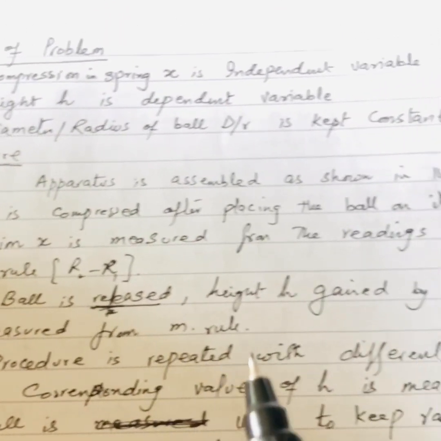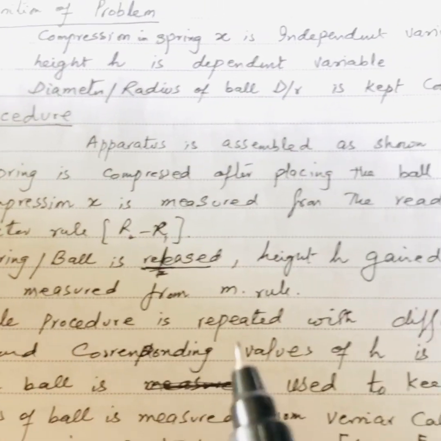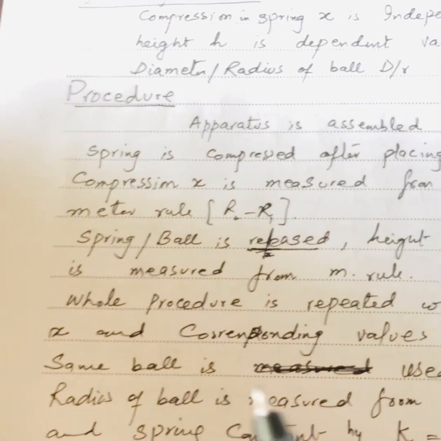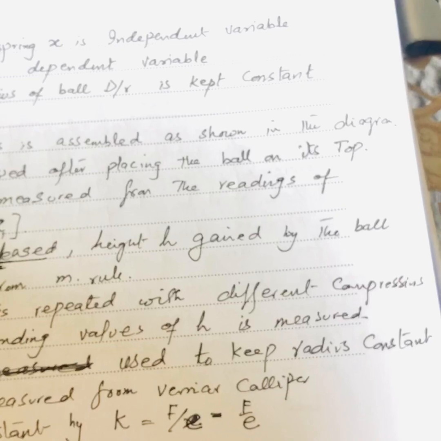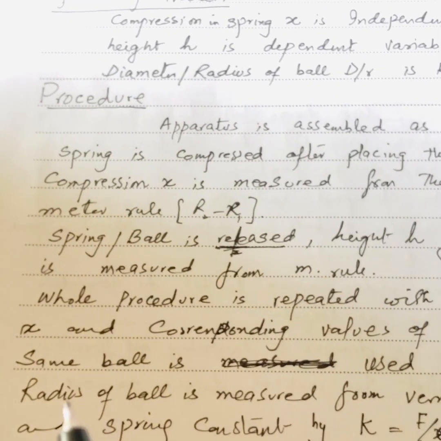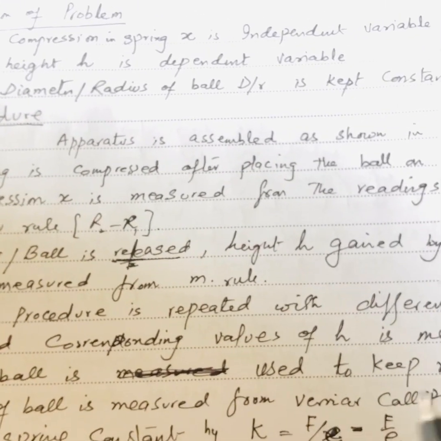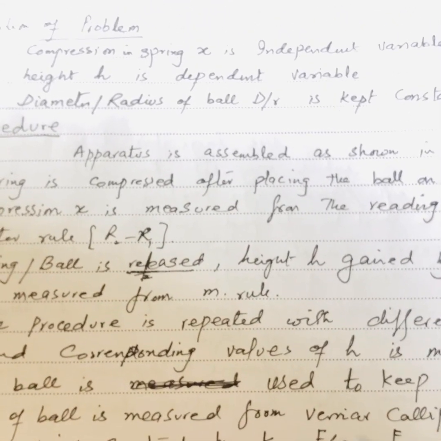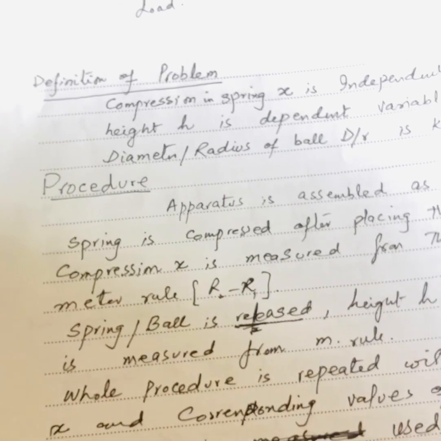The whole procedure is repeated with different compressions X, and the corresponding value of height H is measured. The same ball is used to keep the radius of the ball constant. The radius of the ball is measured with a vernier caliper and the spring constant is measured by the formula K equals F over e, where e is the extension in the spring.